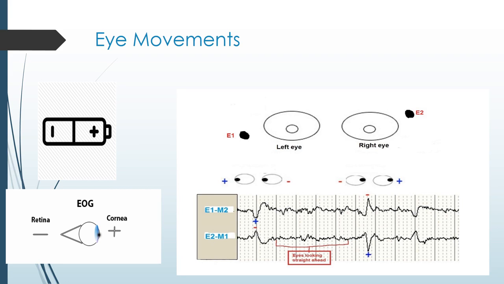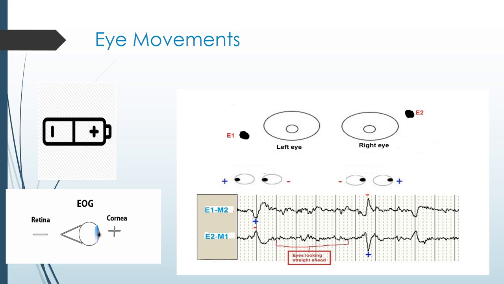So when we record the eye movements, also known as the EOG, on a polysomnogram, if the eyes are open and looking straight ahead, the EOG channel recording is a fairly straight line. There's some bumps in it, but it's fairly straight. Anytime the cornea and the retina move, we will see movements in the EOG channel recording.